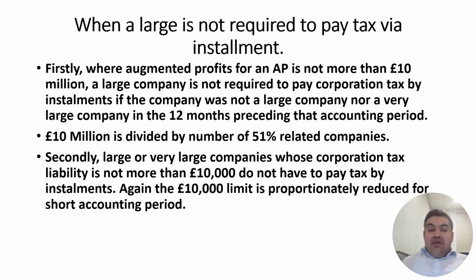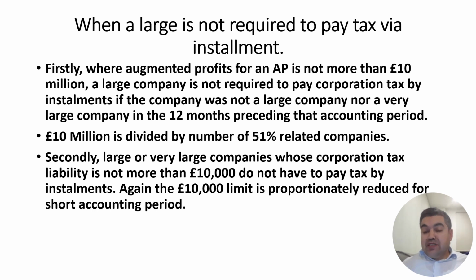Another point to remember: in some cases, a company can be large, having augmented profit of more than 1.5 million, but still not be required to pay corporation tax by installment if they were not large in the previous 12 months.